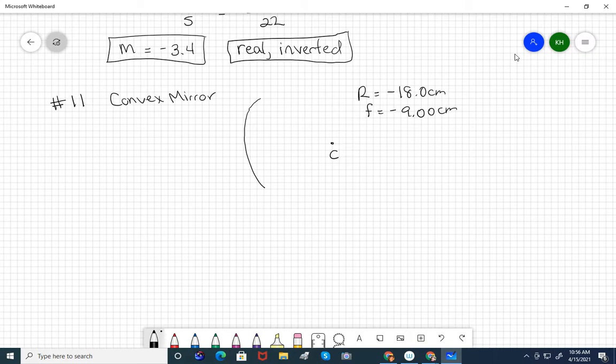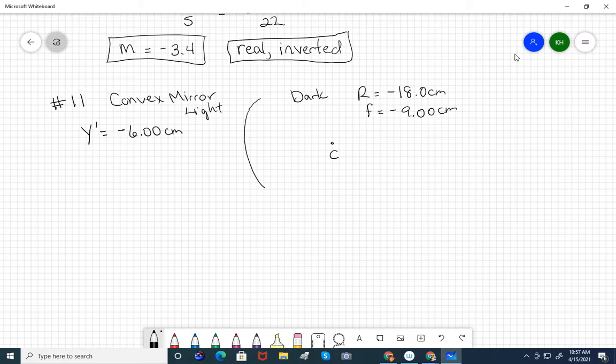An image of the 1.5 centimeter tall coin is formed 6 centimeters behind the glass shell. So they're telling me some more information. They're telling me the image position is negative 6 centimeters. Remember, for a mirror, this side is light and this side is dark, and any distance on the dark side is going to be negative.